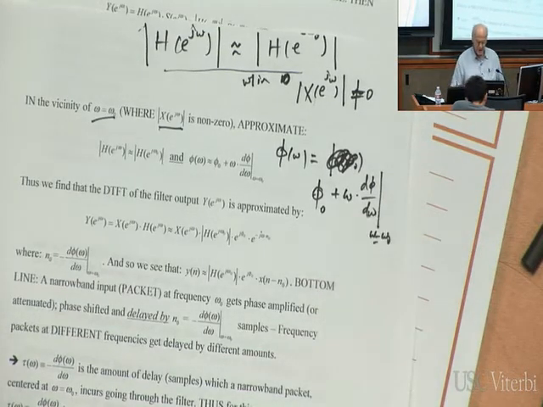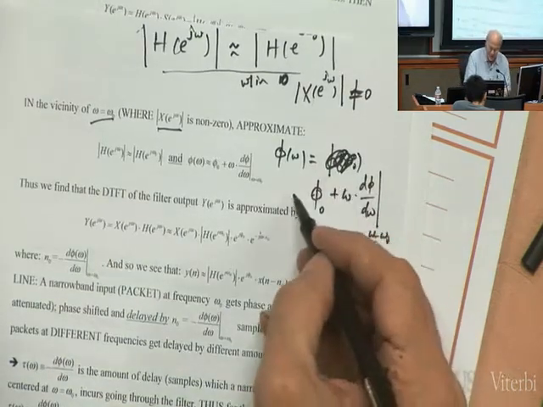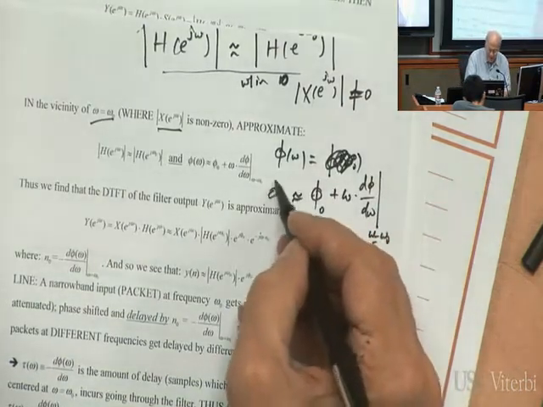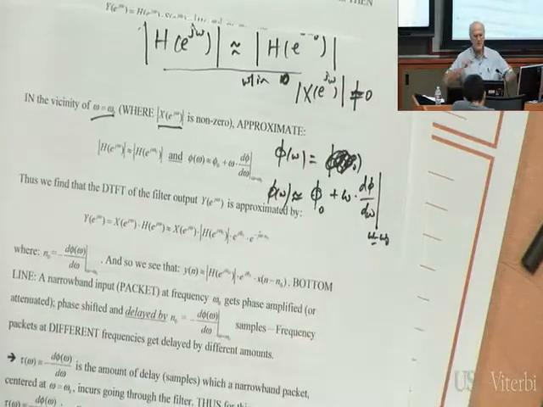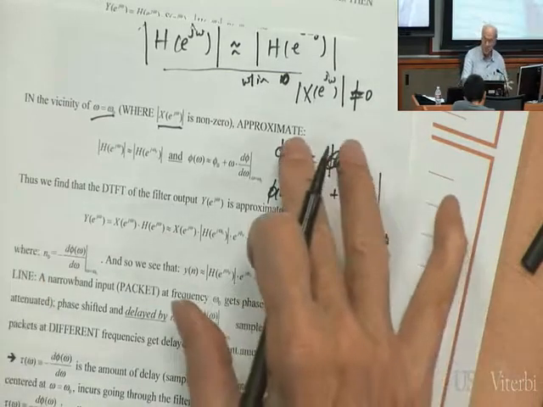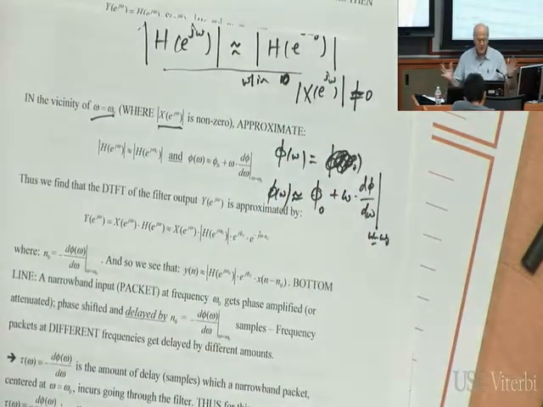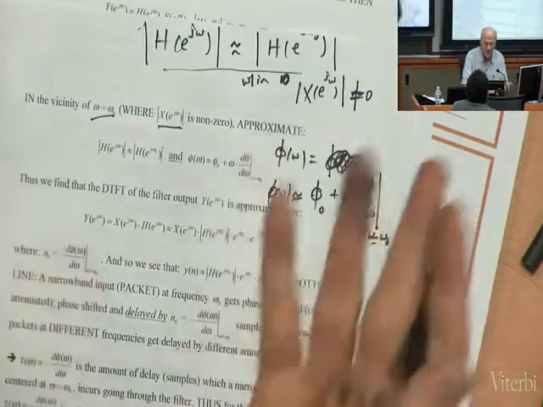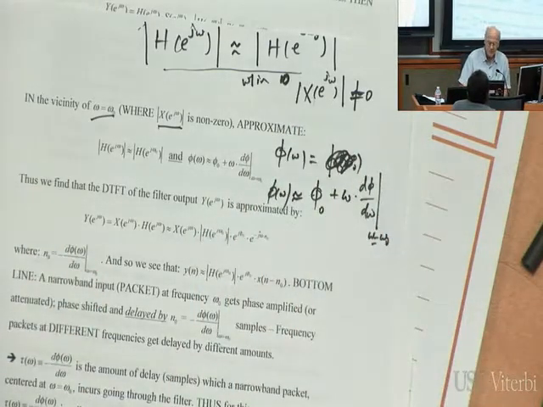Right around this vicinity. So you see that in this case, and this is an approximation, the narrower the region, of course, the better this approximation becomes, because there's a smaller range of omega over which the magnitude of X is non-zero.